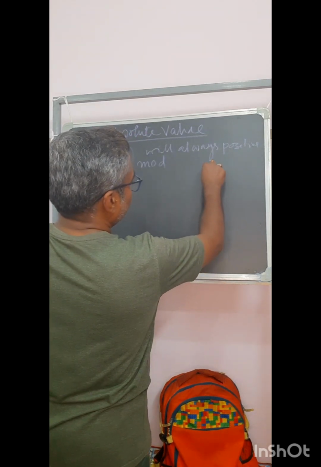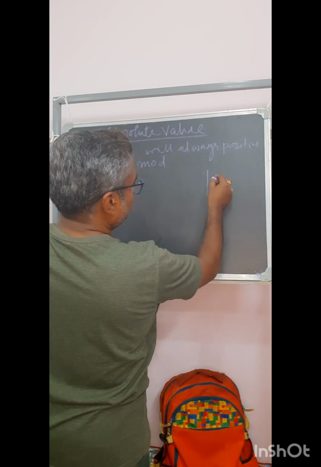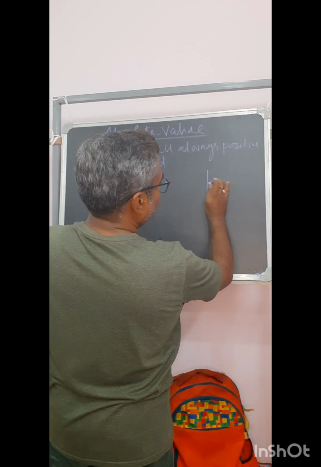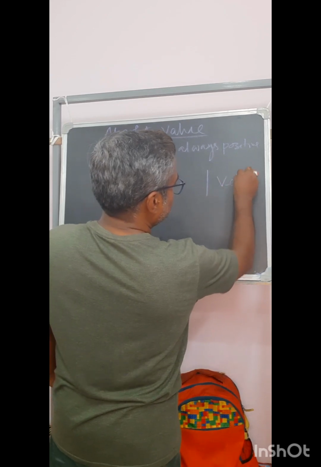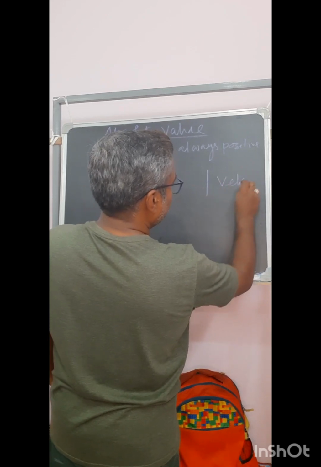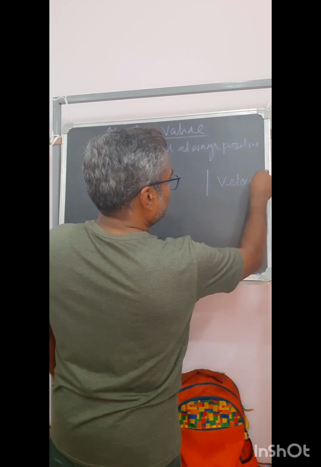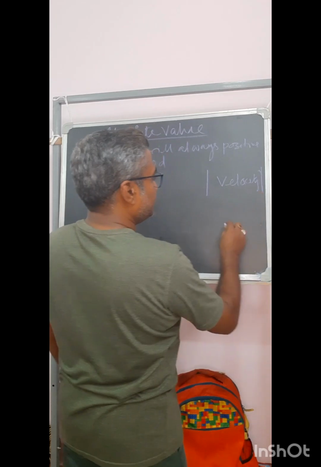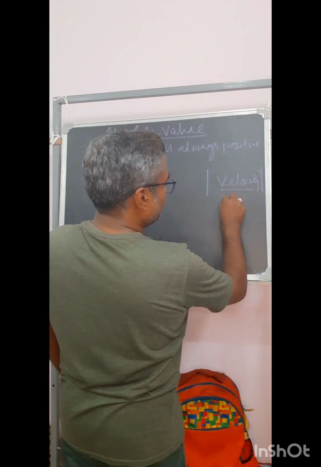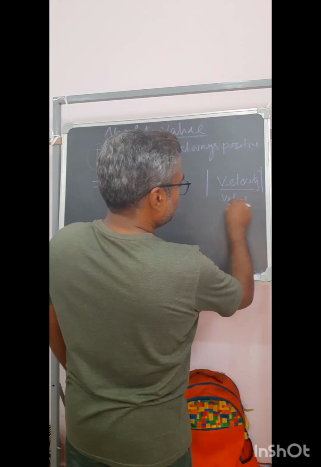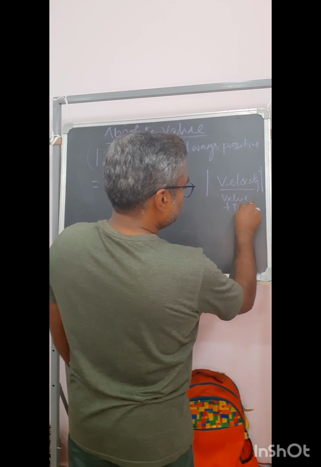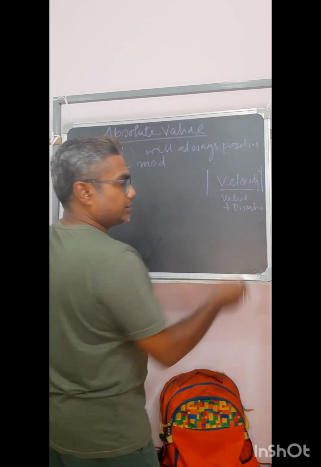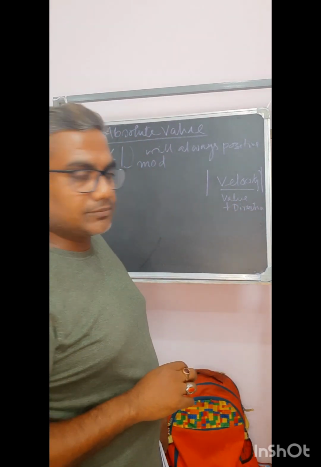That means, why am I saying this? If I say mod of velocity, I am taking the velocity value inside. As you know, velocity is a vector and it depends on the value plus the direction, and this direction impacts the value itself.